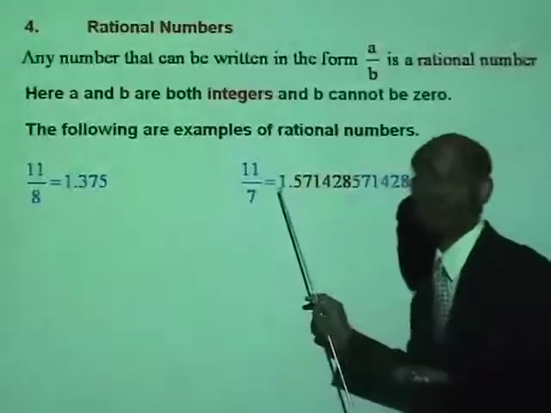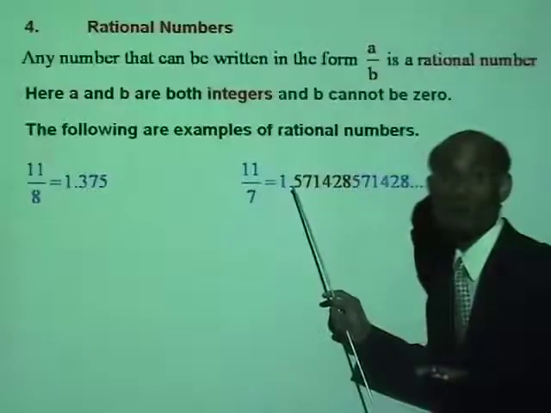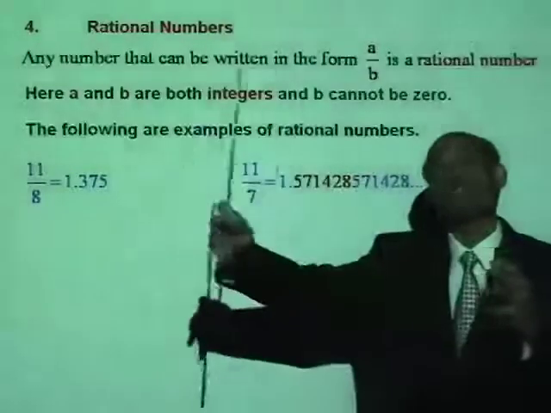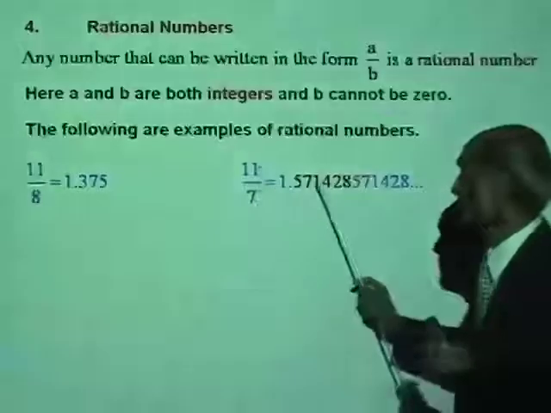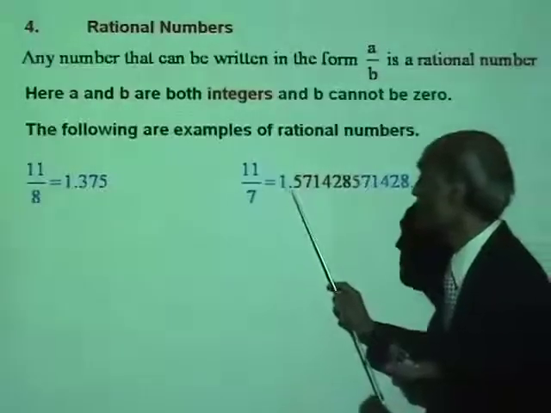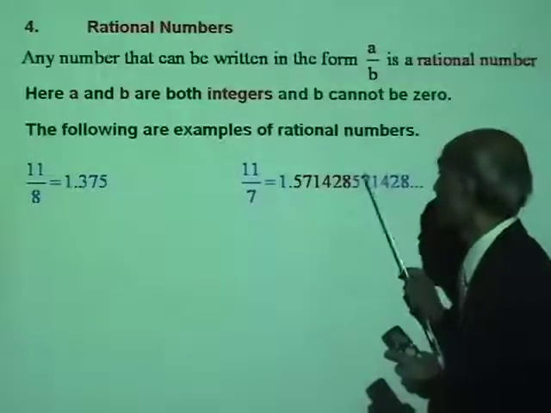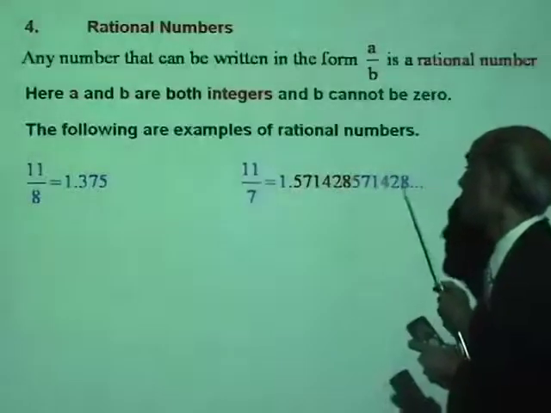Now, when you write 11 over 7 in its decimal form, I used my calculator, which can give me long decimal forms. Now look at the number I got: 1.571428, 571428.